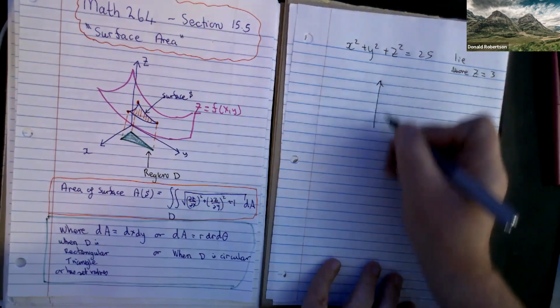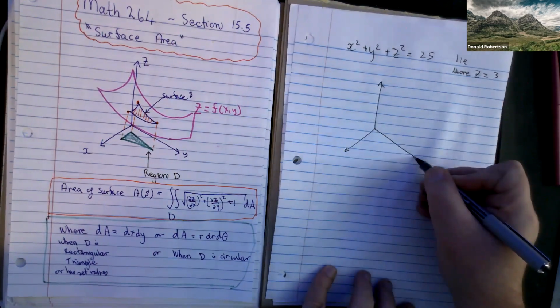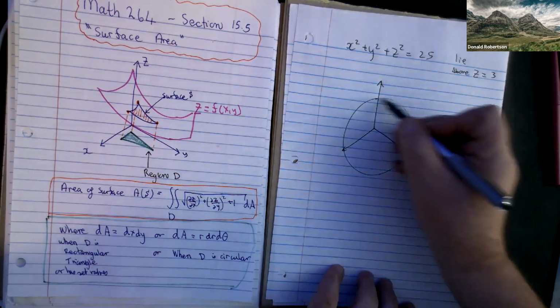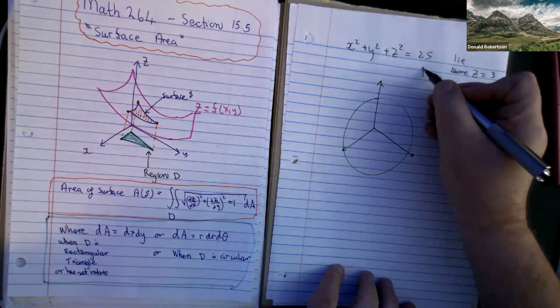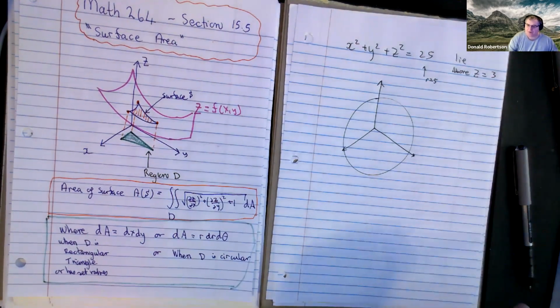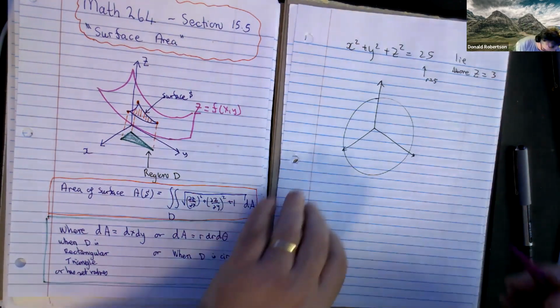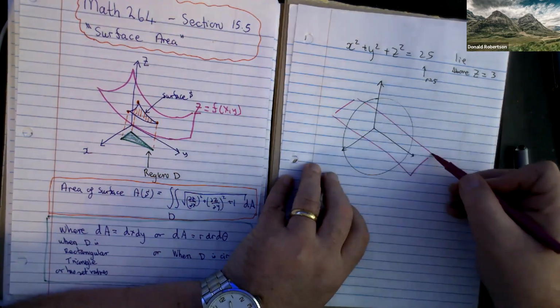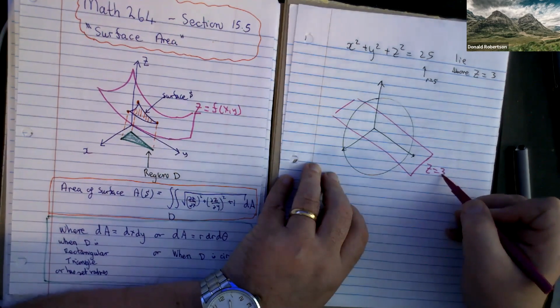So if you imagine this guy as a sphere, the radius is 5, agreed? Now, if you have a plane z equals 3, it's basically at a height of 3.